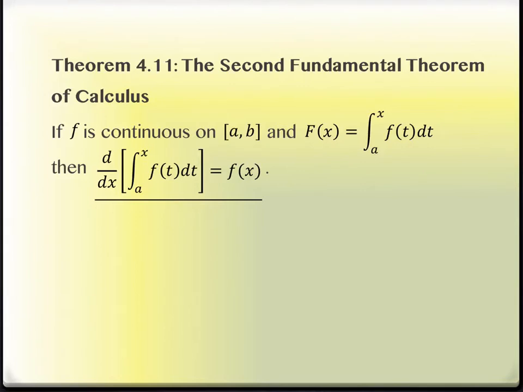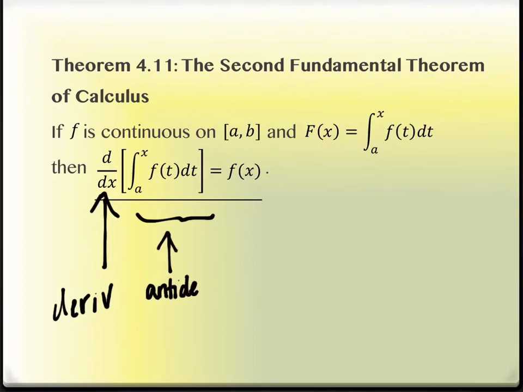Theorem 4.11 is actually called the second fundamental theorem of calculus, and it hits on the relationship between derivatives and antiderivatives. If you have a function continuous on an interval [a,b], and the antiderivative, F of x, is the integral from a to x of f of t dt, then what this is saying is that if you take the derivative of the antiderivative, you get back the original function.